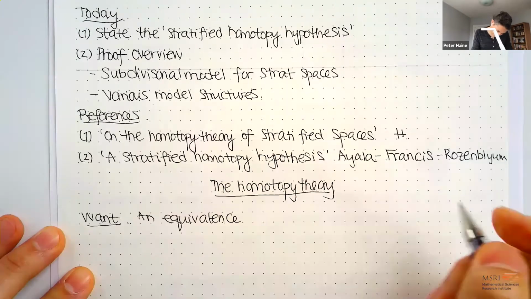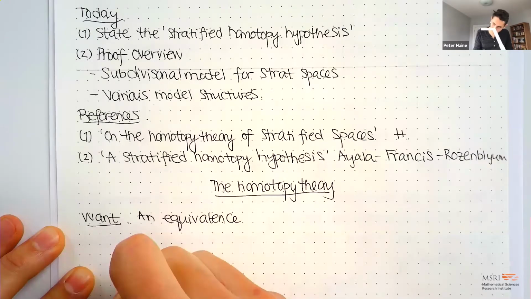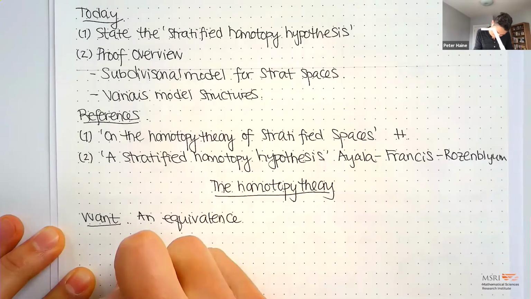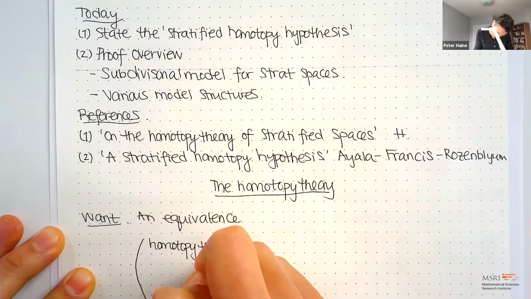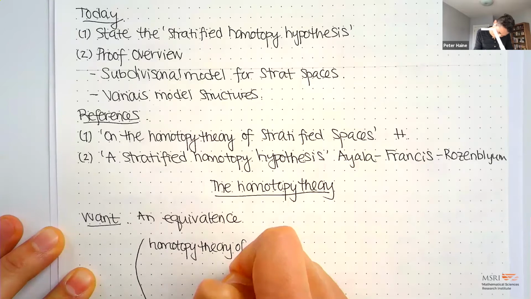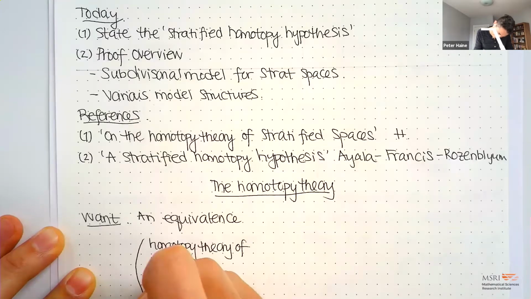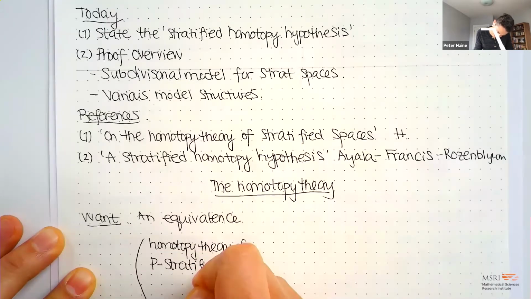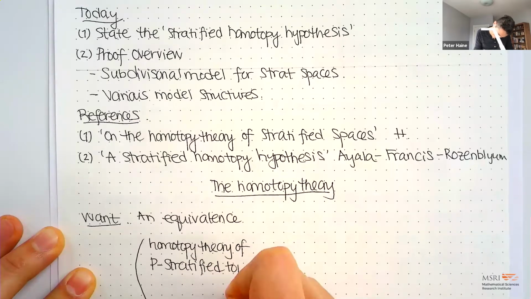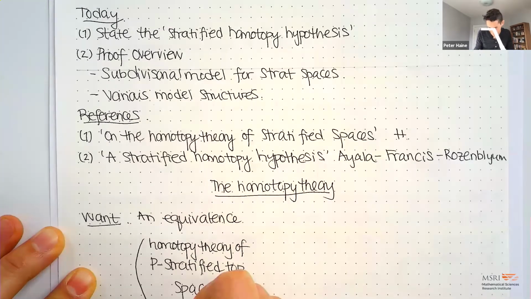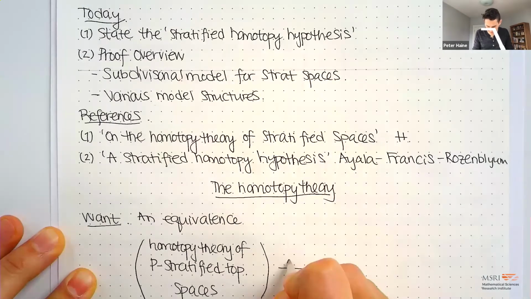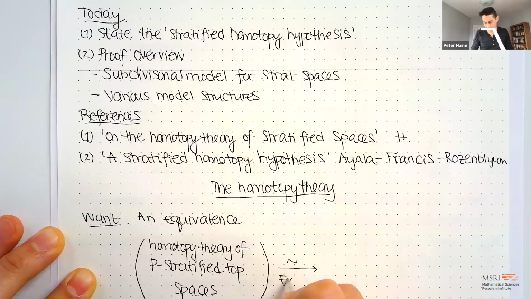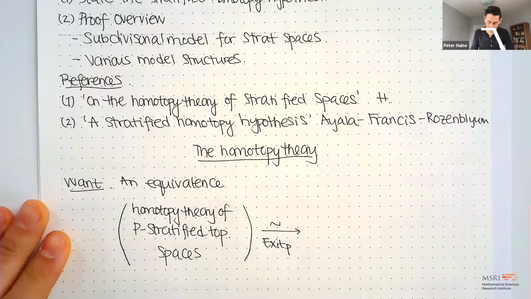So what we want is an equivalence between some homotopy theory of P-stratified topological spaces on the one hand, and on the other hand, something that's given by this exit path construction.